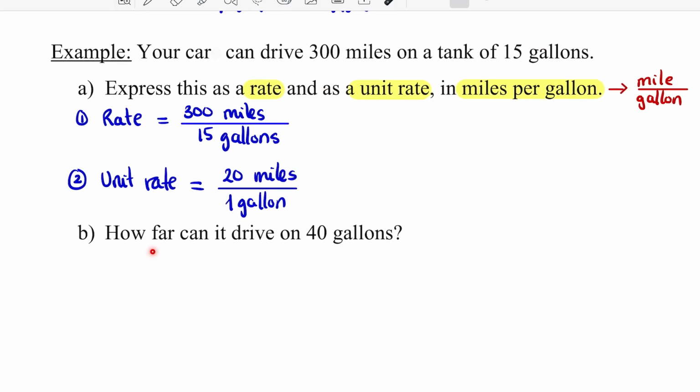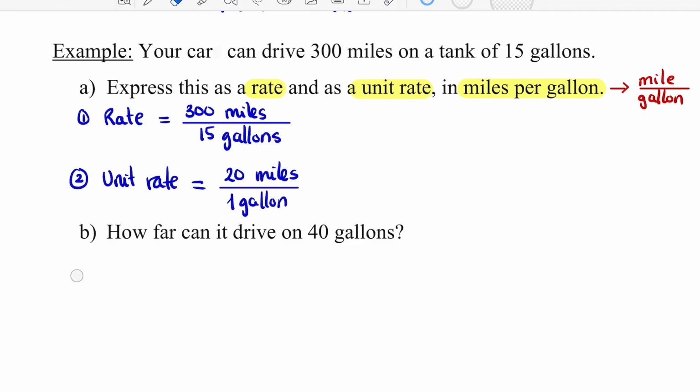B, how far can it drive on 40 gallons? So the car is driving 20 miles per 1 gallon. If you have 40 gallons, how far can it go? I have 40 gallons and I want to figure out how many miles I can drive.